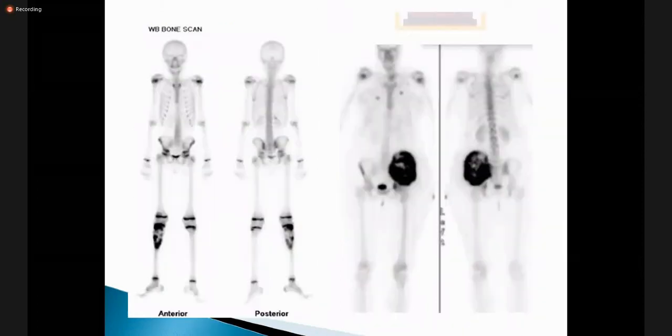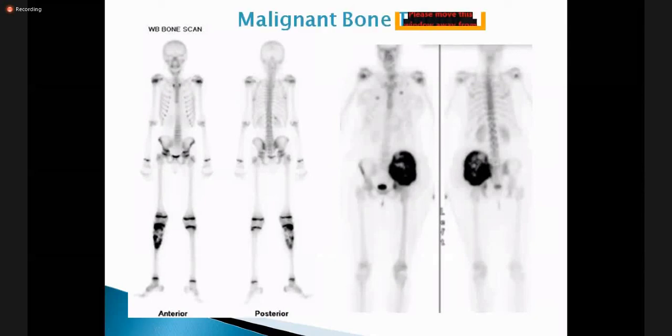This is the whole body scan. There is a lesion at the proximal tibia on the right side of the body, and there is another lesion which involves the left iliac blade. So these are malignant bone tumors which take up the radiotracer.